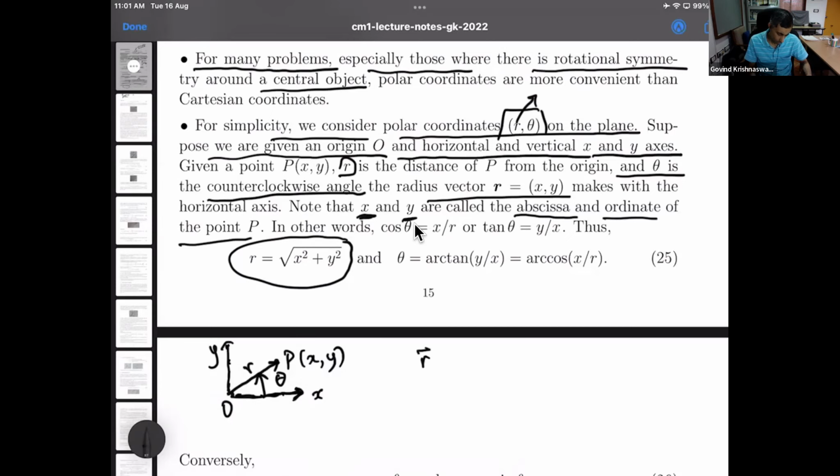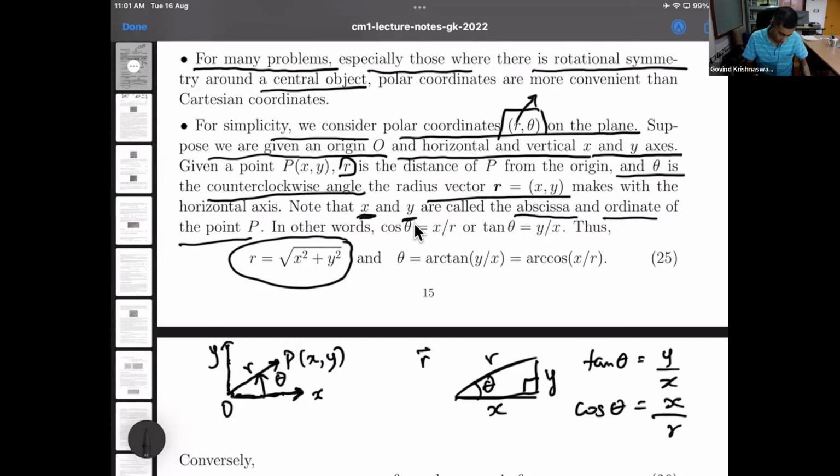By looking at this little right triangle with the horizontal length x and vertical length y, you conclude that the tangent of theta is equal to y upon x, and the cosine of theta is x upon r. These are elementary consequences from trigonometry.